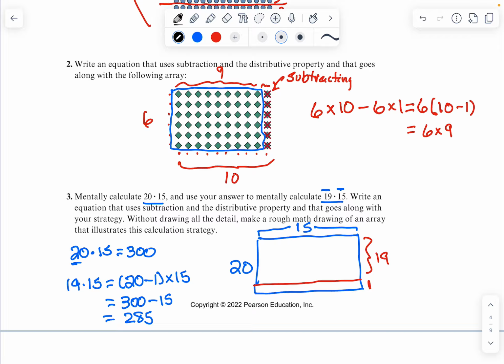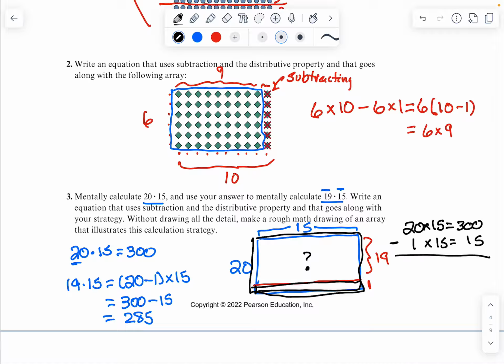So if I look inside there, right, my unknown must be the whole array, 20 times 15, which is my 300, minus this one row of the array that gets taken off. So I'm going to subtract one of those groups of 15. Right, so 20 groups of 15, take away one of those groups, leaves me with 19 groups of 15. And 300 minus 15 is 285.